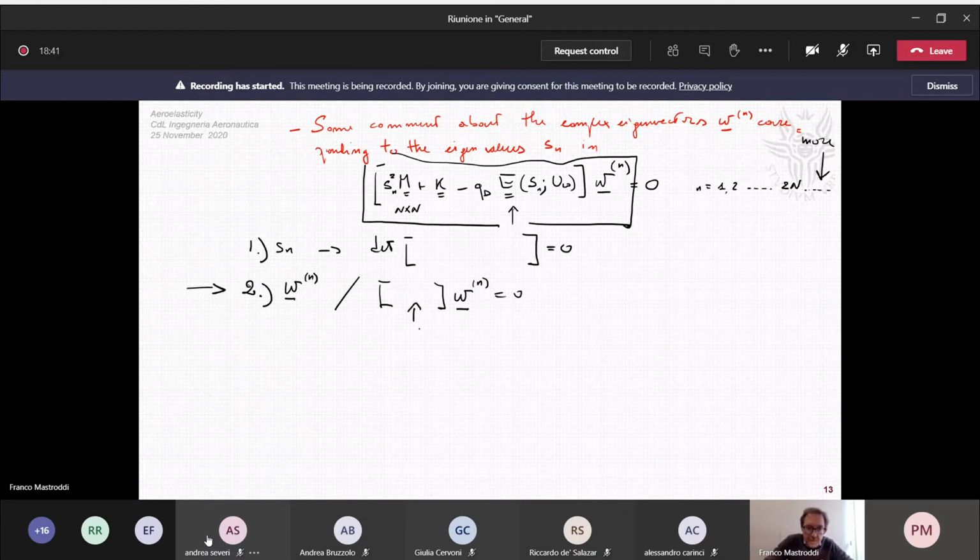And here you have to put inside the found values for Sn.